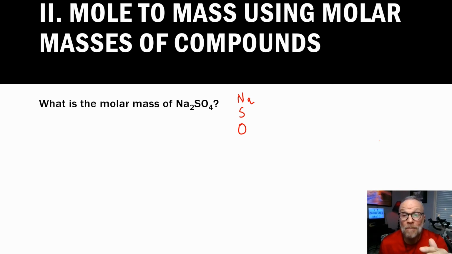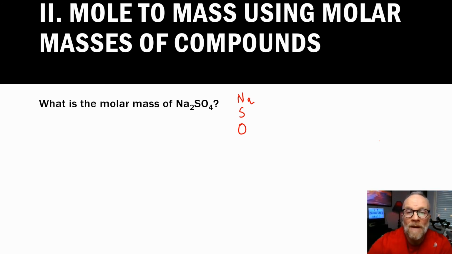And then if you had a mole of that, you would have 2 times 6.02 times 10 to the 23rd atoms of sodium, or 2 moles of sodium, 1 mole of sulfur, which would be 6.02 times 10 to the 23rd atoms, and then 4 moles of oxygen, which would be 4 times 6.02 times 10 to the 23rd atoms of oxygen. And so if we did atoms, it would be a huge number of atoms. And so we regroup them in these mole buckets to make it a lot easier.